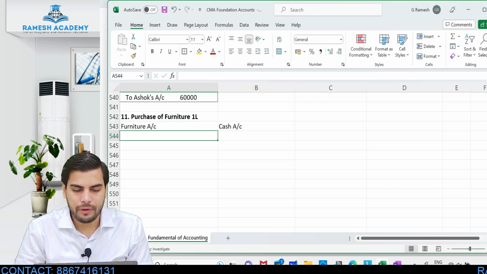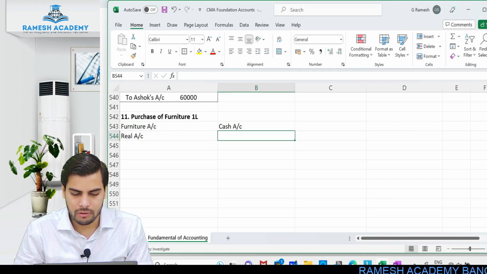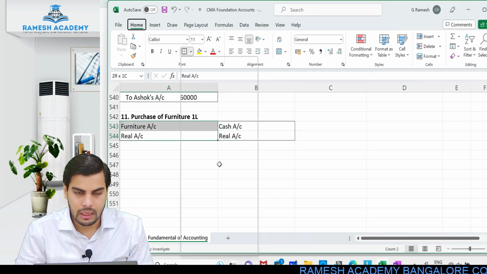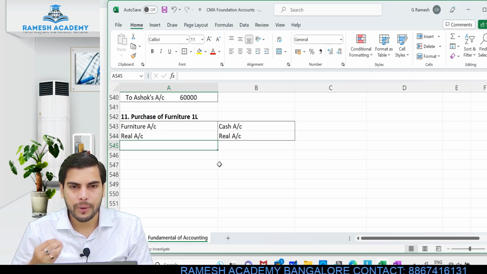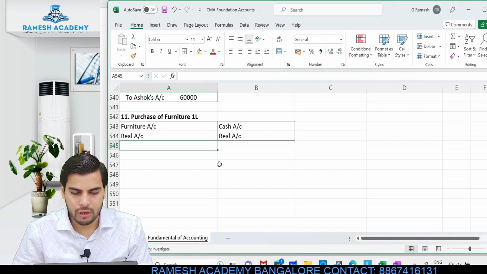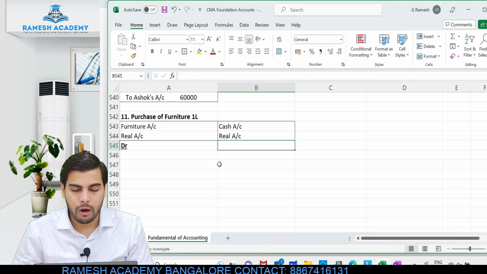So what will be the entry for this? Let us classify whether it is personal, real or nominal. Furniture is an asset, therefore a real account. What about cash? Even cash is a real account. So all we need to do is apply the rule of real account. The rule says debit what comes in, credit what goes out. When I'm purchasing the furniture, is it coming into the business or going out? It is coming into the business, therefore we debit it. What about the cash?